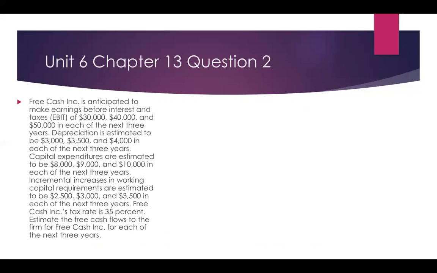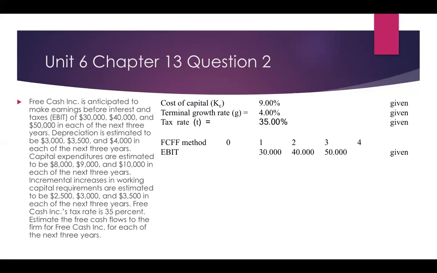Free Cash Inc.'s tax rate is 35%. This question is asking us to estimate the free cash flows to the firm for Free Cash Inc. for each of the next 3 years. So like always, we want to start with what we know.